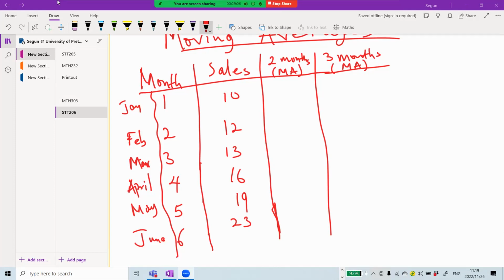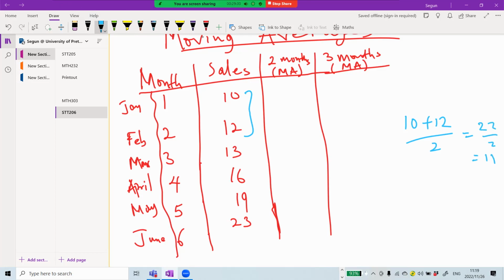So the first 2 months, they already told us 2 months moving average. They can say 3 months moving average, but this is 2 months. January and February is second month, right? So all you need to do is to add them. 10 plus 12 divided by 2 is what? 11.